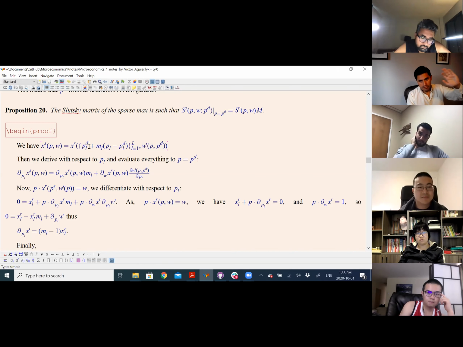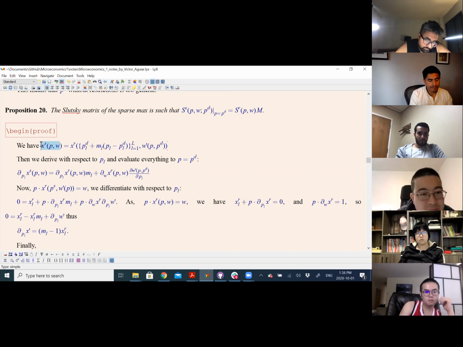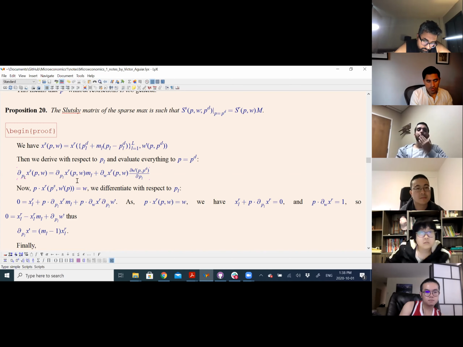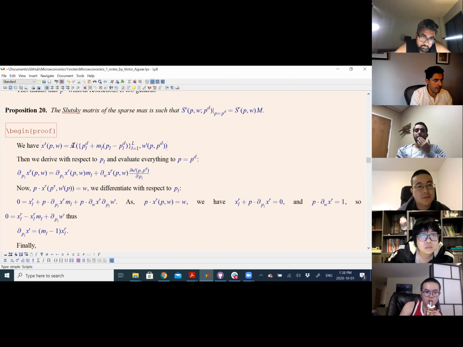Now, I want to differentiate this function in terms of prices and income. So let's differentiate with respect to price L, good L. So now I just do a lot of chain rules. Take the rational demand and differentiate with respect to PL. P is inside the first argument and inside the second argument, because W prime also depends on price.